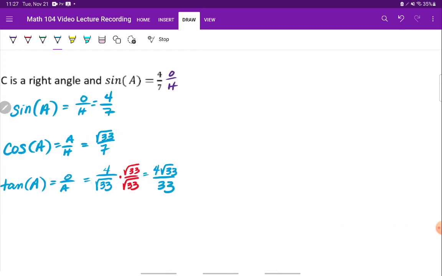And then we'll have our reciprocals. Cosecant of angle A is 7 over 4. Secant of angle A is going to be 7 over the square root of 33, which we'll rationalize.